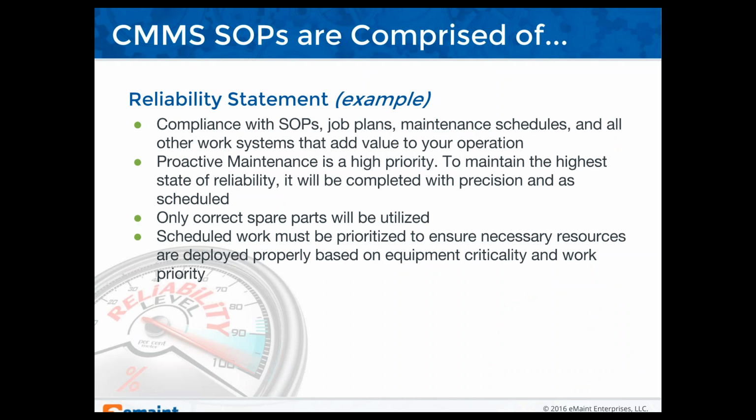A reliability statement might also be another component, because it gives a clear indication that the SOP is related to the fact that as an organization we're aiming to achieve better practice in relation to asset reliability and equipment reliability. So some of the items that might be included within that component of the SOP might be some of those bullets identified there. Compliance with job plans, maintenance schedules, and all other work systems that add value to your operation.